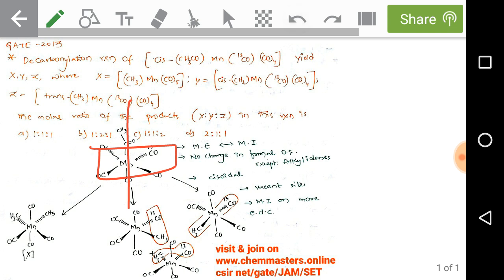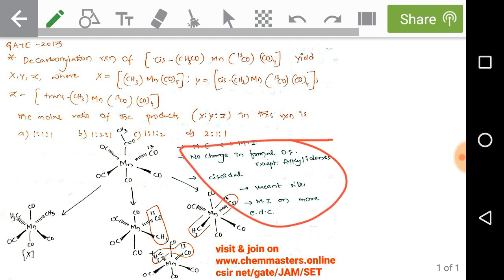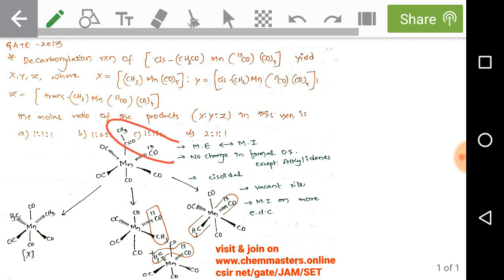Now check what is going to happen in this reactant and how it gives these 3 products. So here is the involvement of migratory elimination, which is simply opposite to migratory insertion. Just remember these important points. To get migratory insertion, the 2 groups which are involved in migratory insertion must be cis to each other.